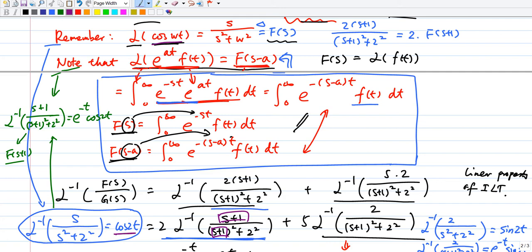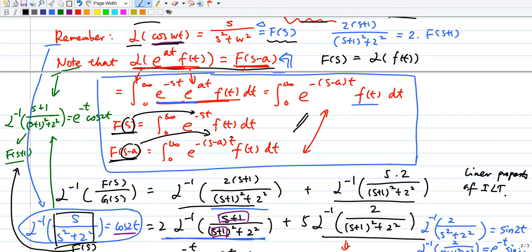Now I'm going to use the second property I mentioned. The property is L of e^(at) times f(t) is F(s minus a). You can see that if I view this inner part as F(s), I want to have F(s+1), because I change s to s plus 1.